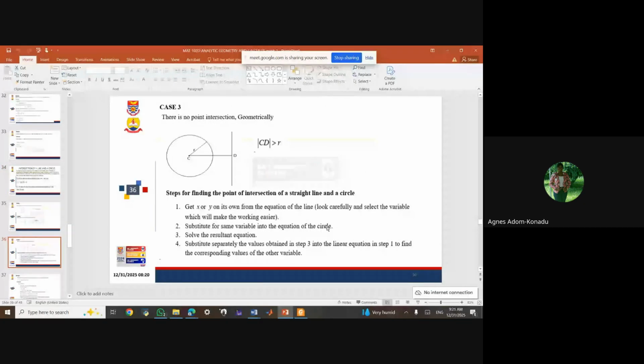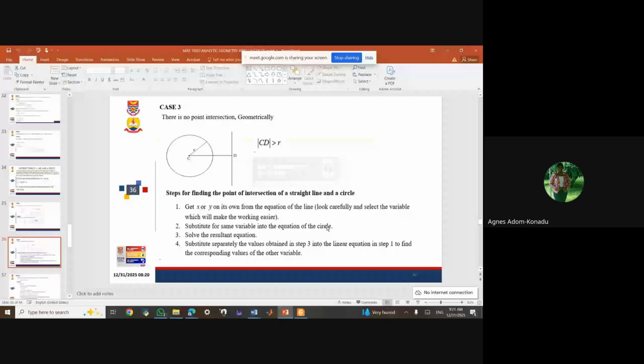You know that the equation of the line is y = mx + c. Either you get x as the subject or y on its own from the equation of the line. Look carefully and select the variable which will make the work easier.